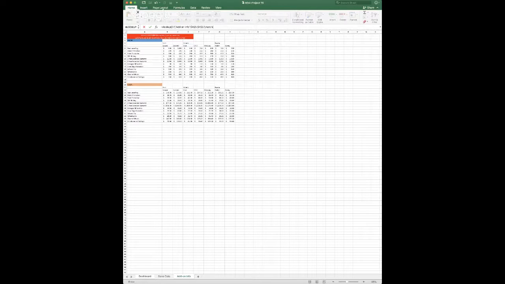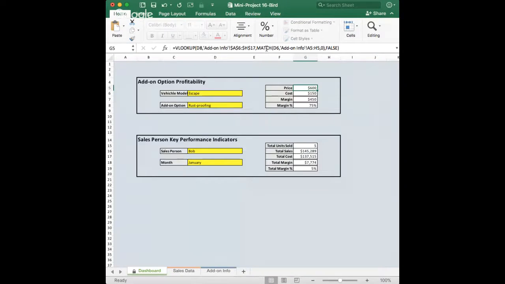Can you explain MATCH to me? Not very well, but I can try. You'll do great. So the MATCH, once you get done with the VLOOKUP, what was D6? Then you take D6, which is the Escape right here, and what you match it with is on the add-on info sheet.